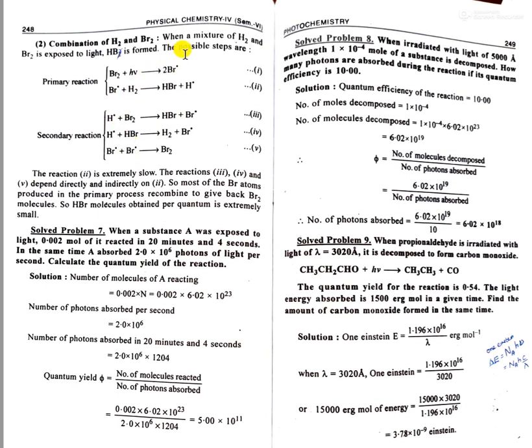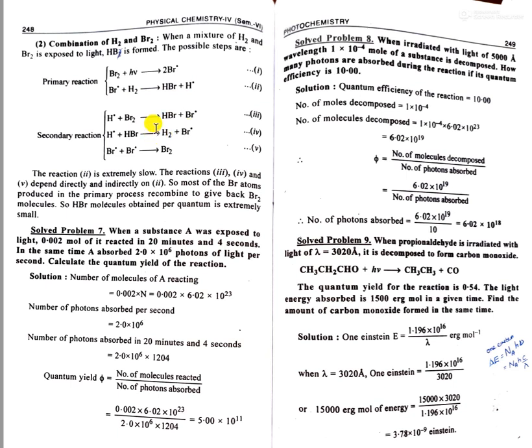So the products formed during the primary reactions are Br dot and H dot. These Br dot and H dot again react with bromine in this way, that is H dot reacts with a bromine molecule forming HBr and Br dot. Again H dot reacts with another HBr molecule formed during the primary reaction, and the product is H2 molecule and Br dot.